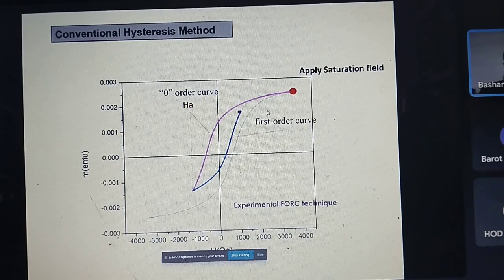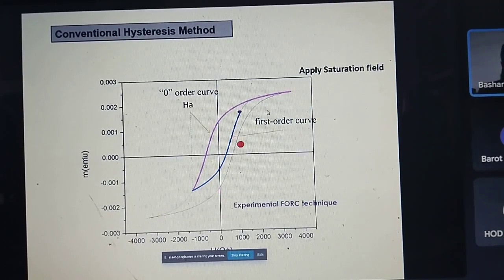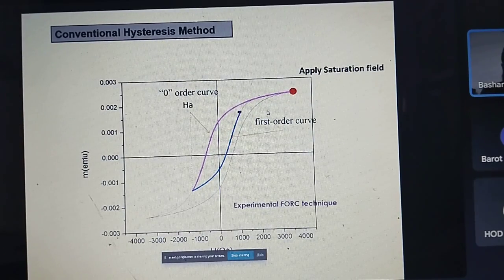If we start by saturating a sample, then reduce the magnetic field in the opposite direction, and then again go back to the saturation magnetic field, what we get is a curve which we call a hysteresis loop. This is normally known as the zero order curve. I will tell you why it's called a zero order curve.